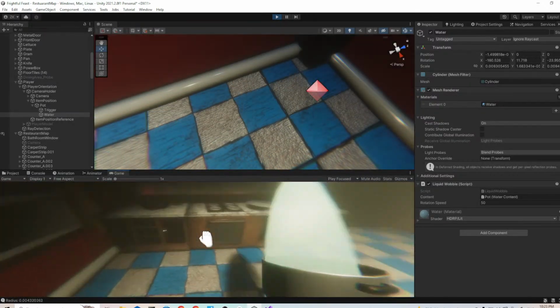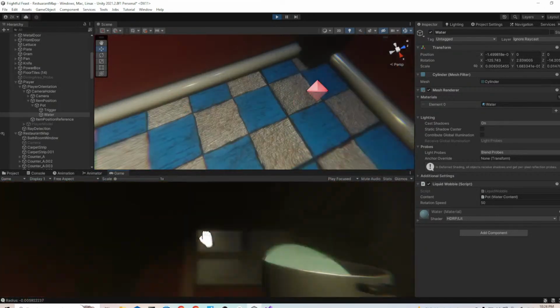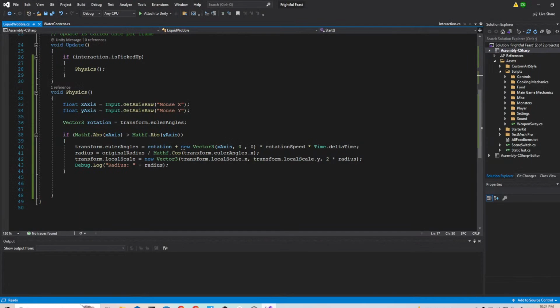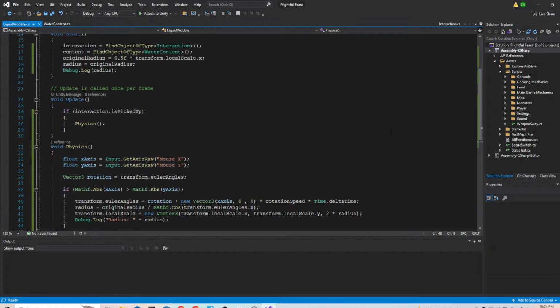But at least it's only changing the Z scale. But then it's changing the rotation. Oh, wait a minute.